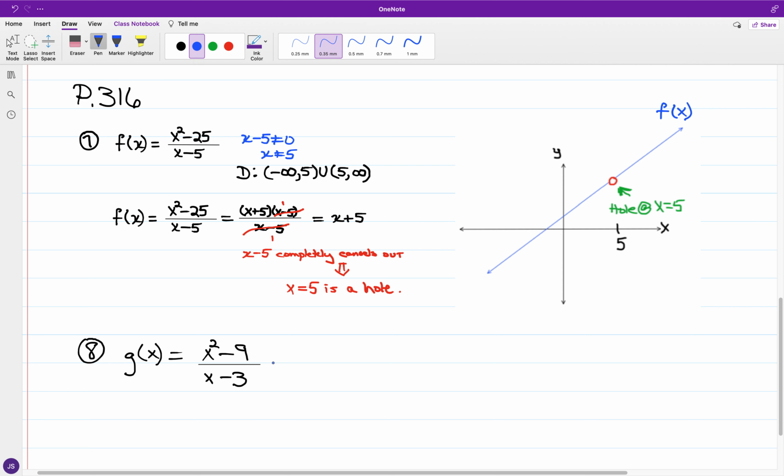History repeating, we have one denominator expression, and again, for the function to be defined, it cannot be 0. And in the case of x minus 3, we have that x cannot be equal to 3. And with the domain, we have one exclusion: the lower portion will be those values of x less than 3, and the upper half will be those values which are greater than 3.